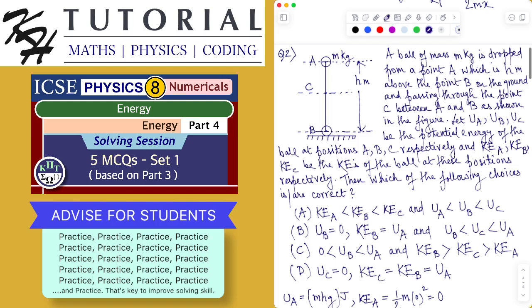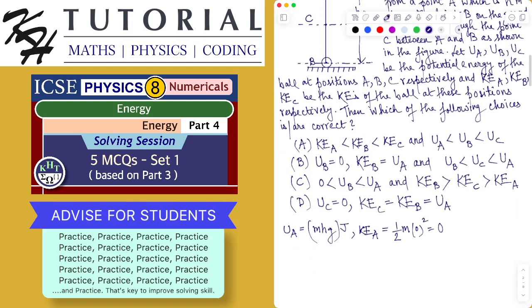Now at the point B, the gravitational potential energy UB will be mass times height, which is 0, times g, which is 0 joule. And what will be the kinetic energy at the point B?